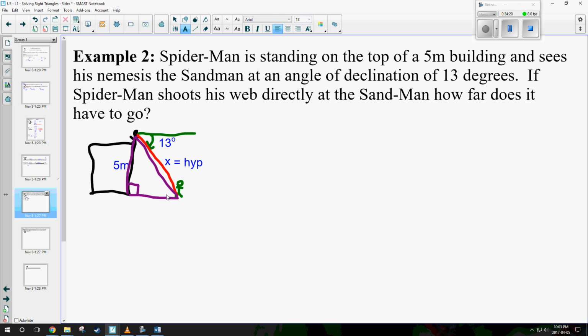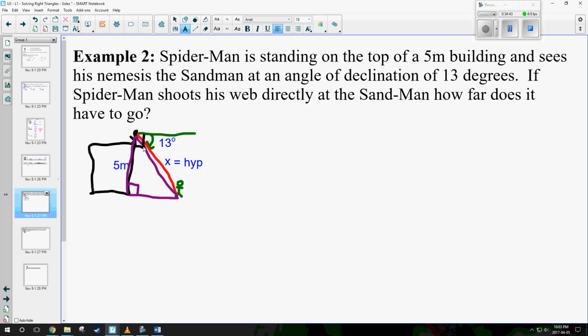But the little trick with this one is that we have this angle of declination right here. We know that from Spider-Man to the building, that also makes a 90-degree angle here.